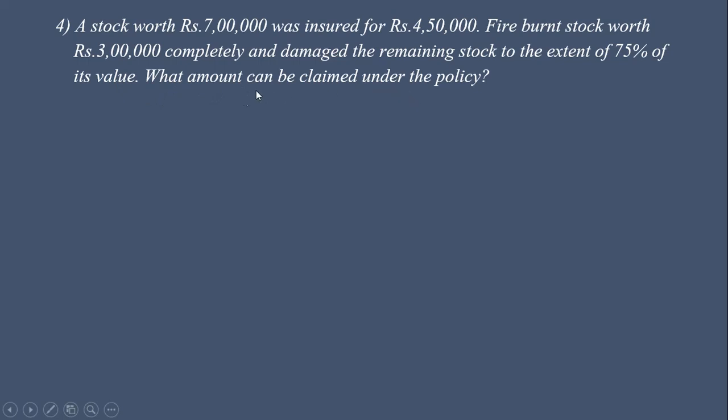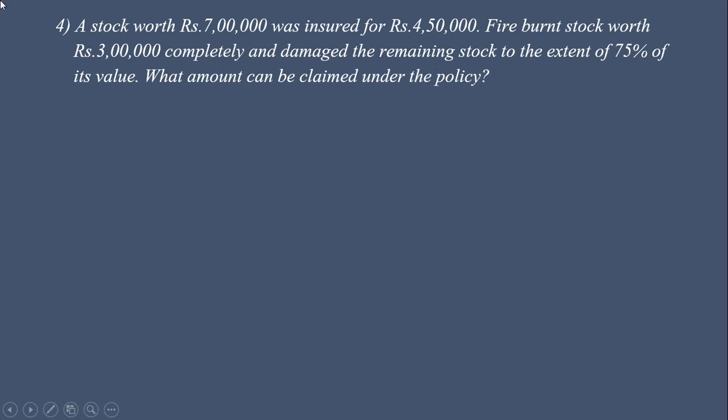Now here in this example also we want to find claim. To find claim, we use this formula, claim is equal to loss into policy value upon property value. Now here stock worth rupees 7 lakh, that means property value is given, rupees 7 lakh, was insured for rupees 4,50,000, that means policy value is 4,50,000.